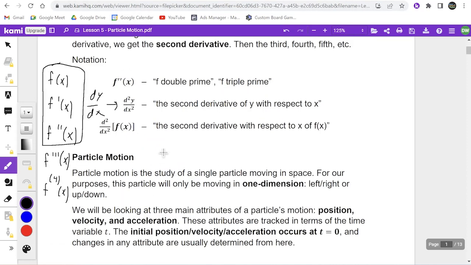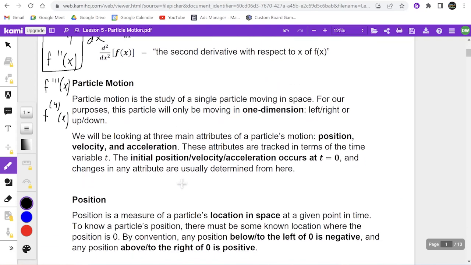In other words, we're really going to be using f of x, f prime of x, and f double prime of x. And now when it comes to particle motion specifically, we're going to be using terms such as position, velocity, and acceleration that, again, you would see in a physics class. And the thing that I'm going to tell you right now is that if you get a positive answer, and this is going to be a theme for all day today, then that's going to be right or up.